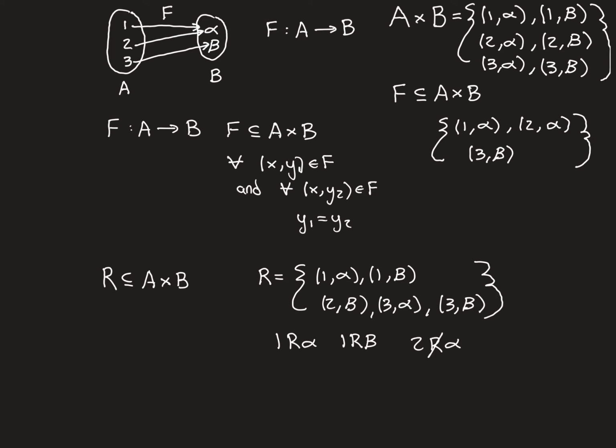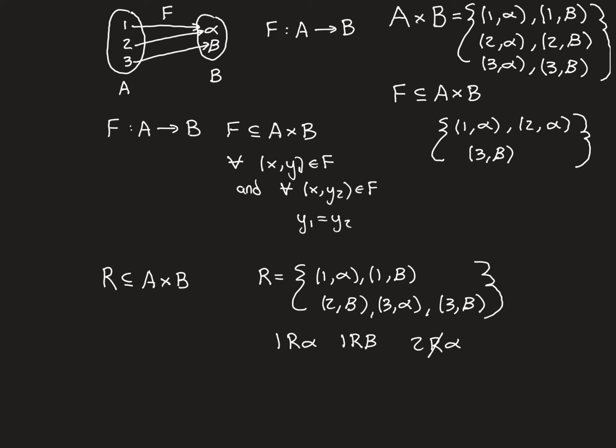Relations now. Well, relations are just a generalization of the concept that we've just gone over for functions. So a relation between two sets A and B, we'll call it R, is again going to be formally a subset of the Cartesian product of A with B, but this time this rule doesn't apply.